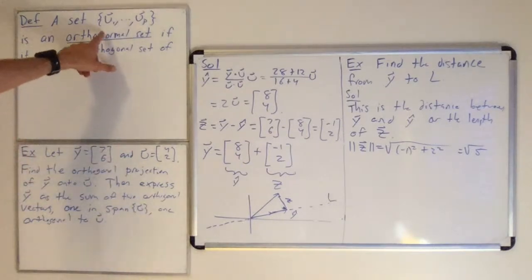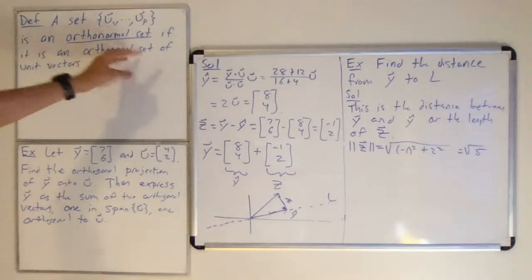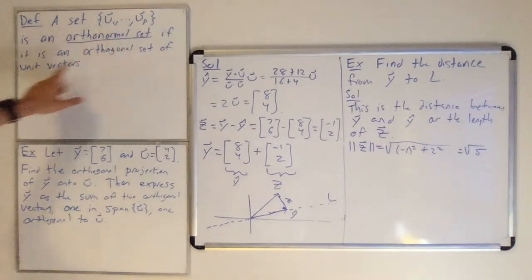So notice it says orthonormal now instead of orthogonal. An orthonormal set is an orthogonal set, so the pairwise dot products are 0, and each of the vectors has length 1.